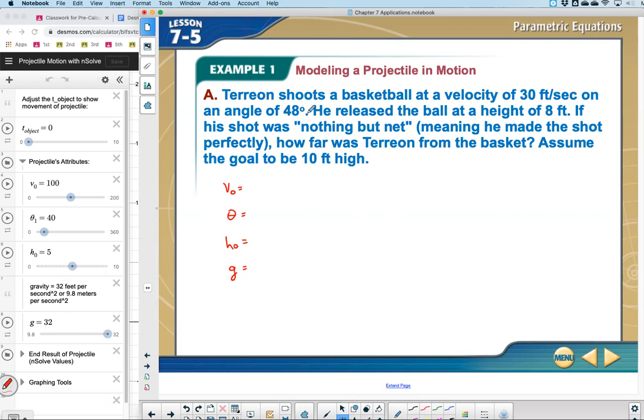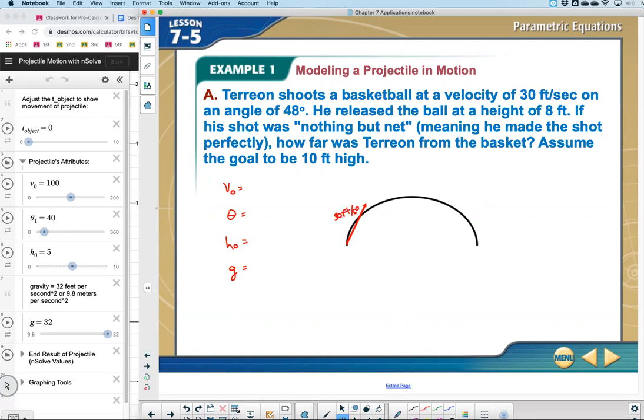So in our problem, Terion shoots a basketball at a velocity of 30 feet per second. So he's going to shoot a parabola of a basketball, something like this.